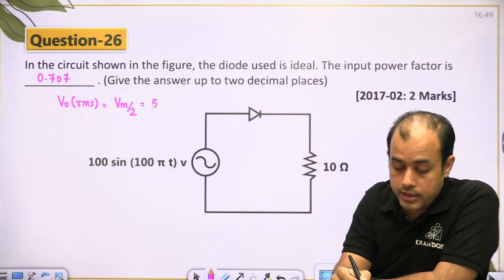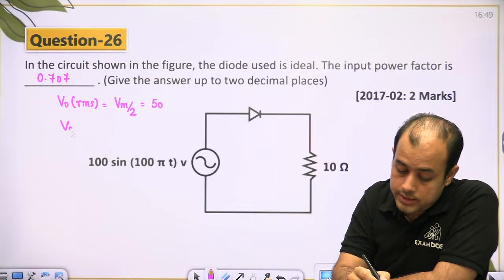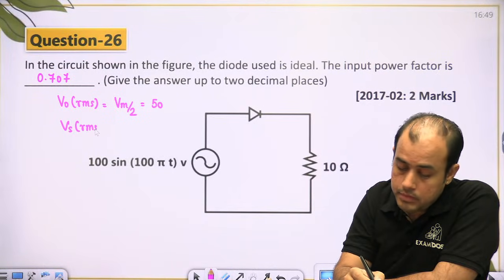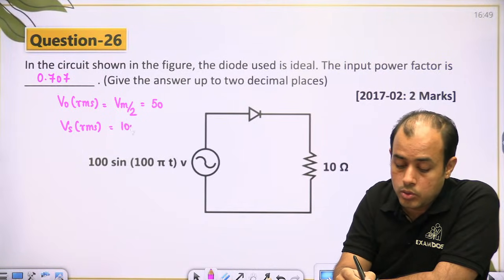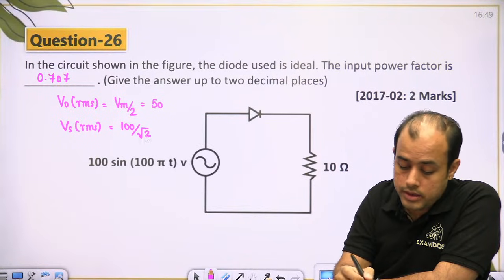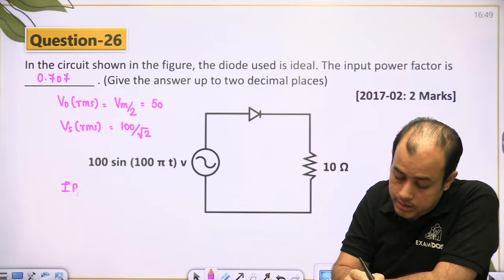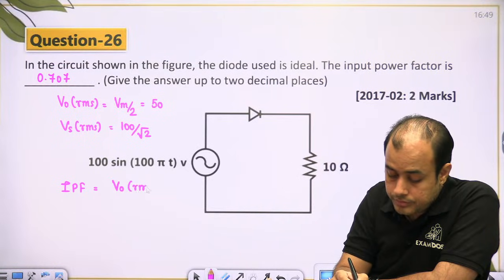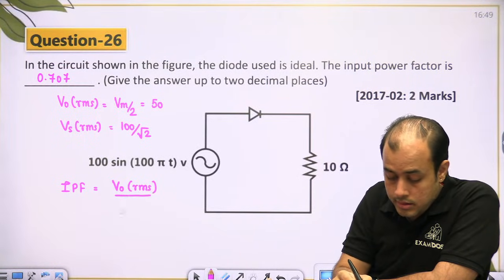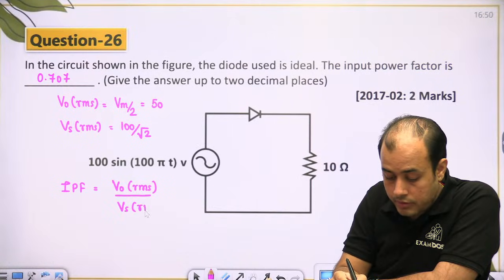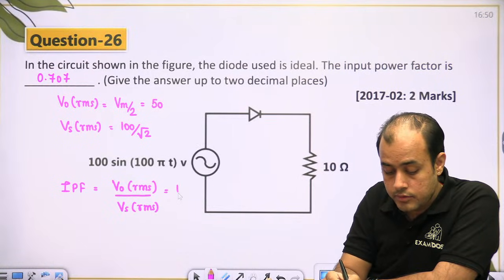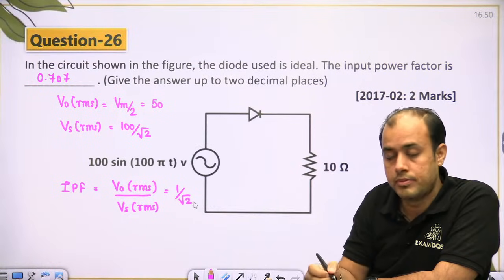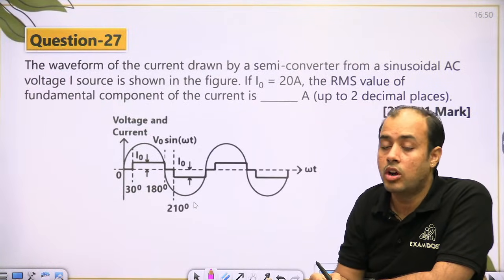PM/2 यानी 50. PS RMS 100/√2. For resistive load, always remember this is the input power factor. Is 1/√2. ठीक है.